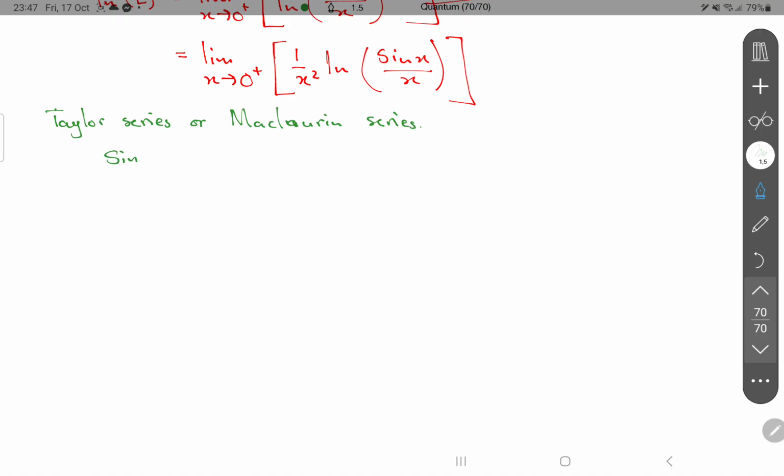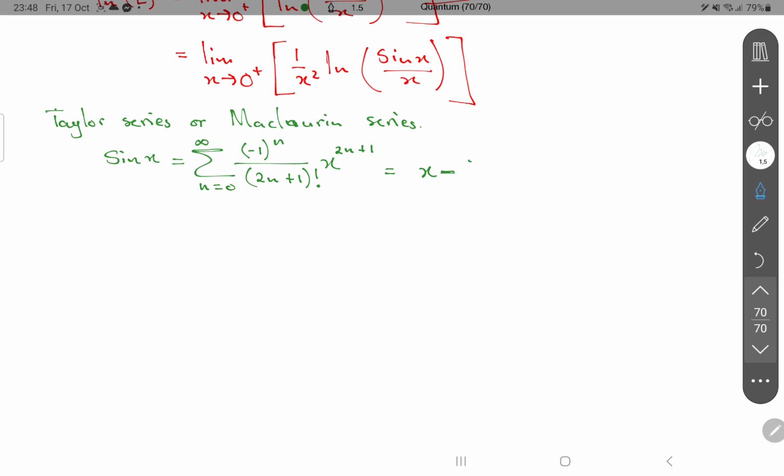Sine x is equivalent to the sum from n equals 0 to infinity of negative 1 to the power n, divided by 2n plus 1 factorial, times x to the power 2n plus 1. It's oscillatory, so the signs alternate.